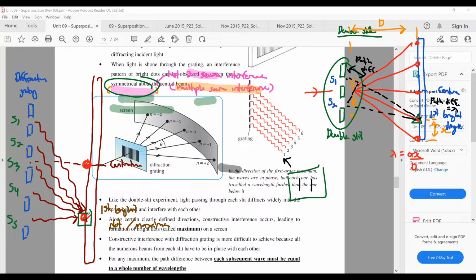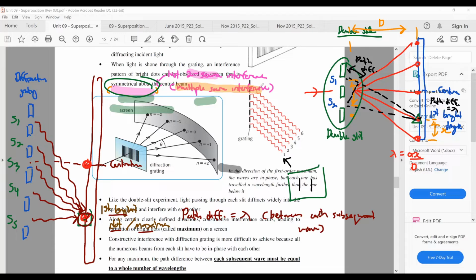So in my case here, for me to have a bright dot here, my first bright dot or my first maxima, my path difference is actually also still lambda, but the path difference must be lambda between each subsequent wave.